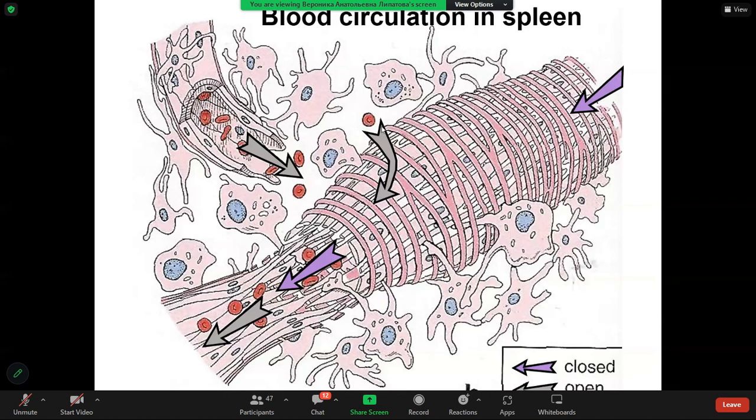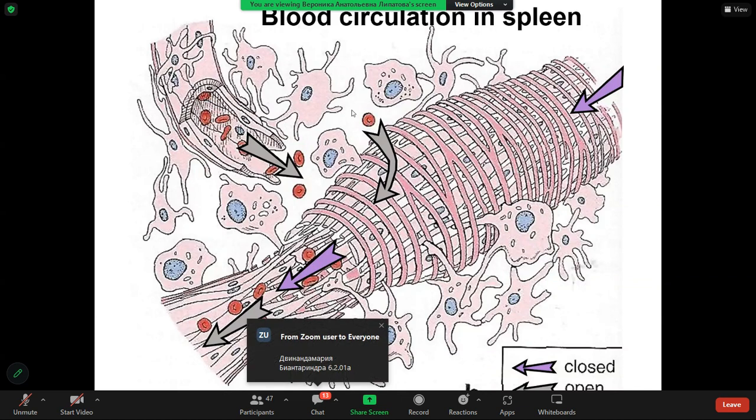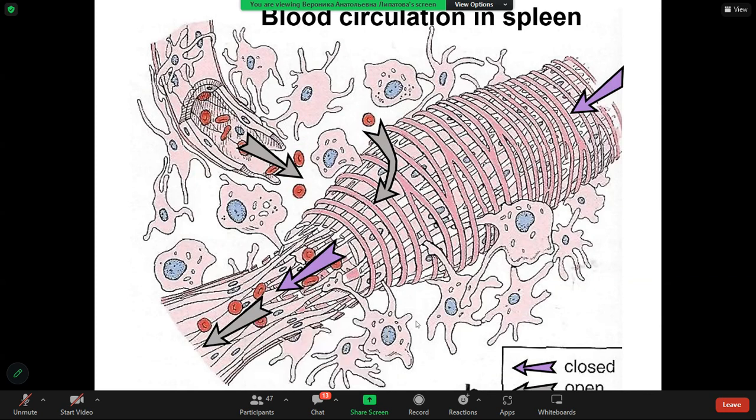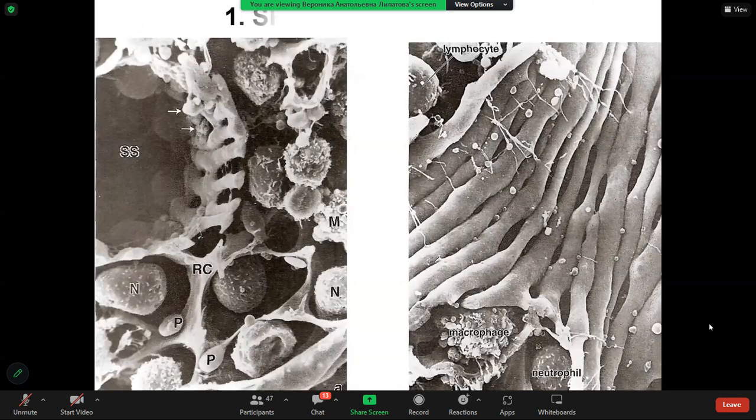Fragile erythrocytes can't enter these reticular fibers and undergo phagocytosis by macrophages. Here the same sinusoids, reticular cell, macrophages, and neutrophils here.